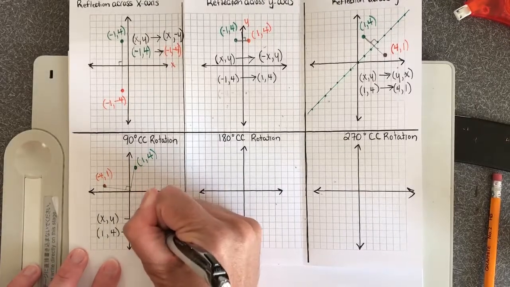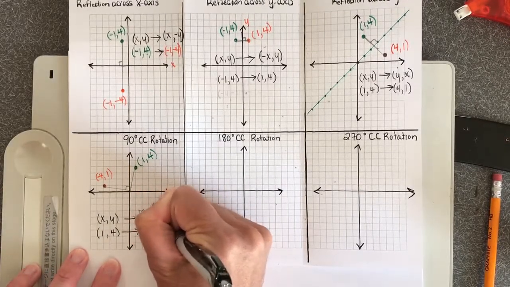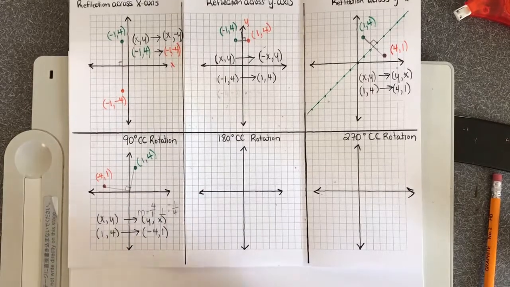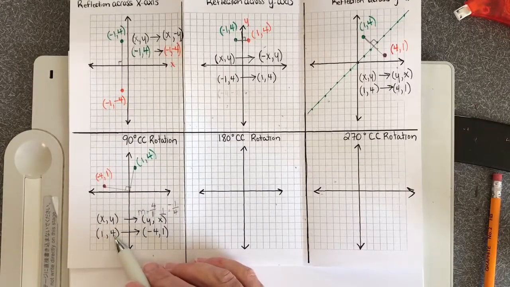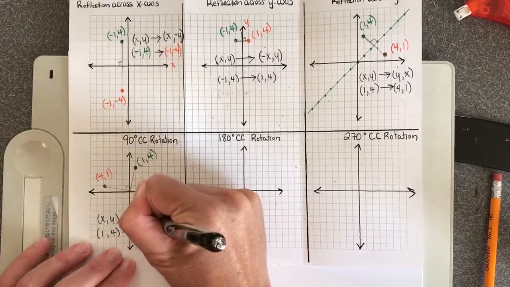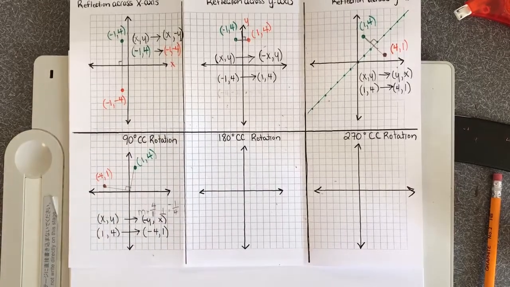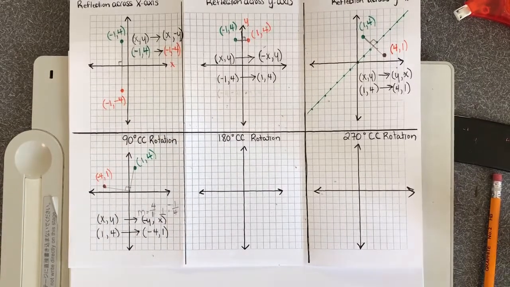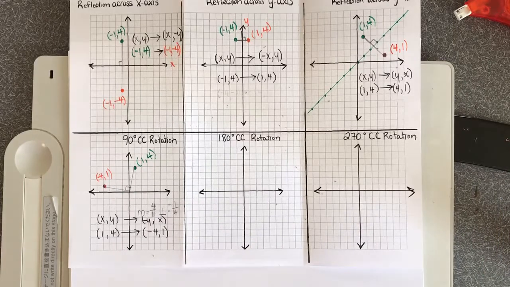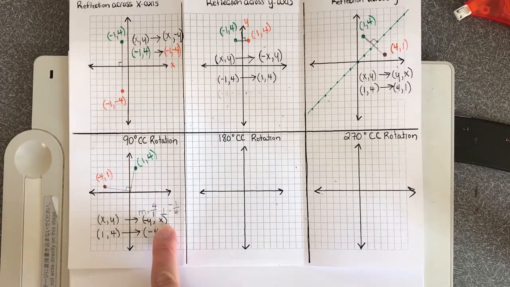Well, y, x. And also notice how the sign on my y changed. So what is the rule? (x, y) becomes (-y, x). Again, if you're not sure, you can apply it to any point anywhere in the coordinate plane. But this algebraic rule is always going to work for a 90-degree counterclockwise rotation.